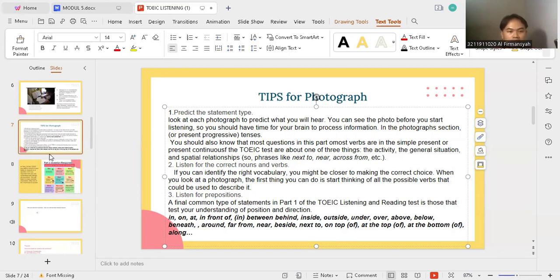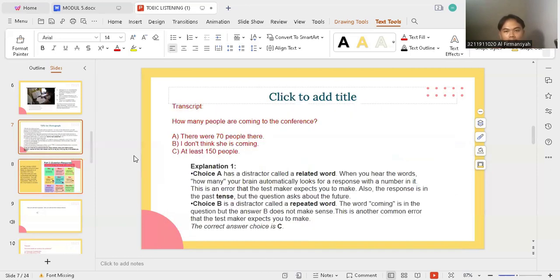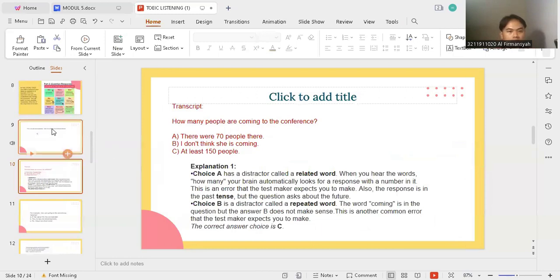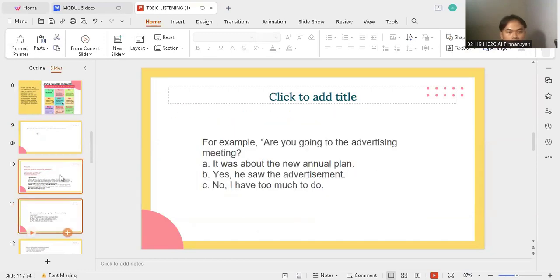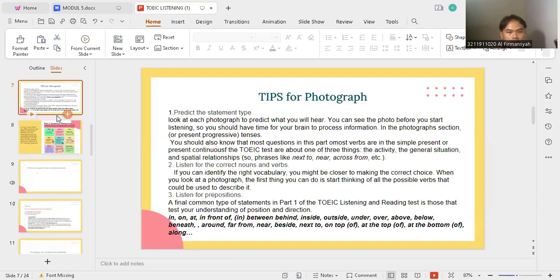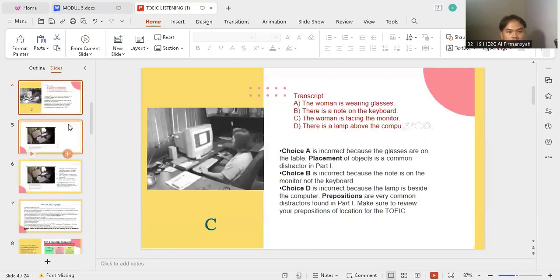Here I have some samples. If you can see, like this.